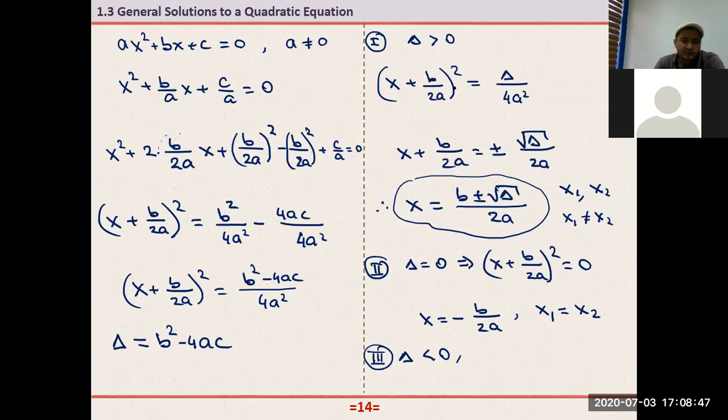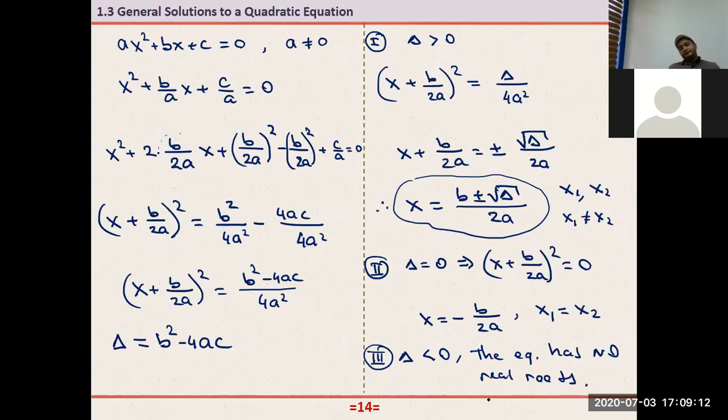On the right hand side, something squared is always non-negative. So a non-negative number cannot be equal to a negative number. So we just write here, the given equation has no real roots.